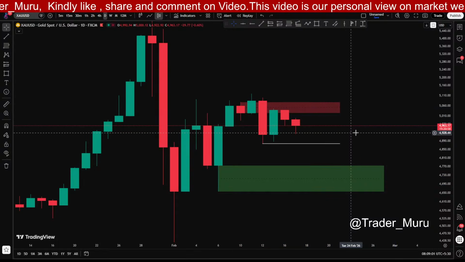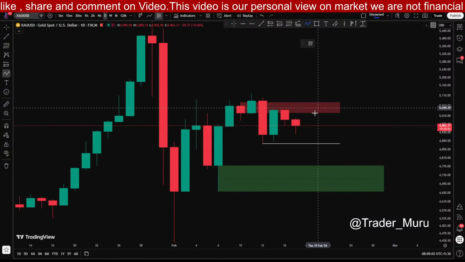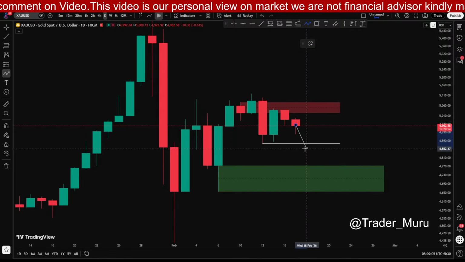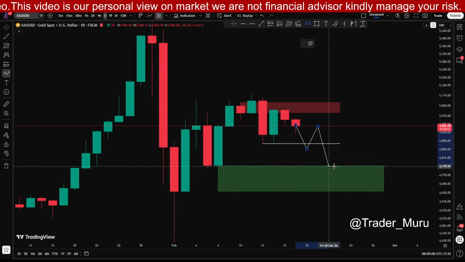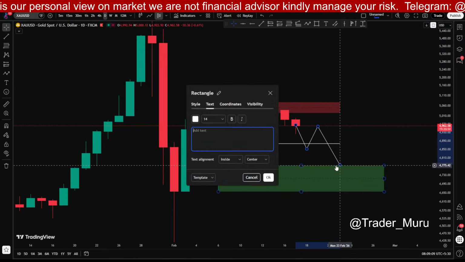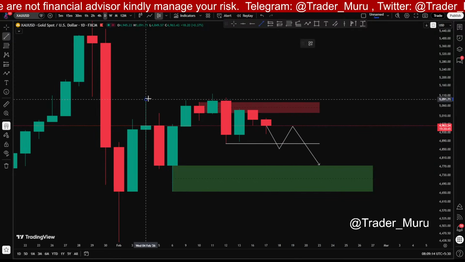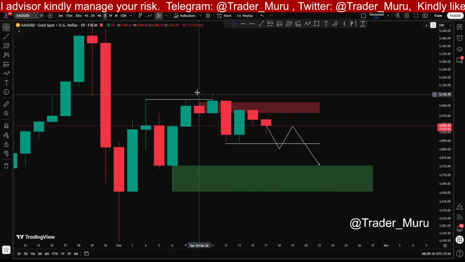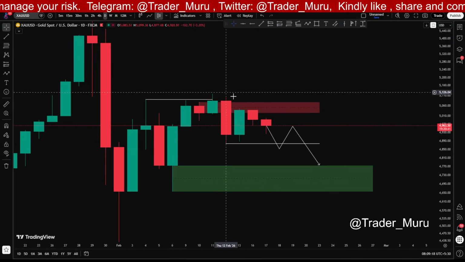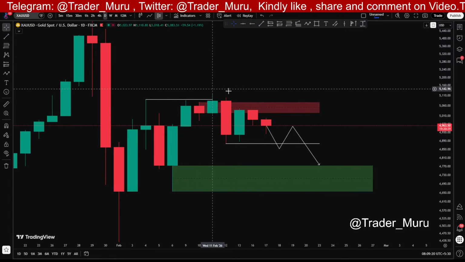Okay. So our first priority will still be going short for the target of 4775. And as we don't have any liquidity hunting here, we don't have any closing here. This is just a liquidity hunt.